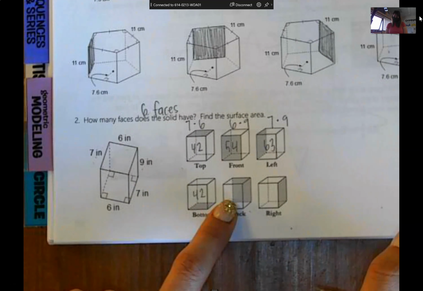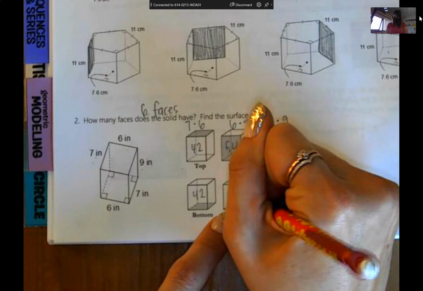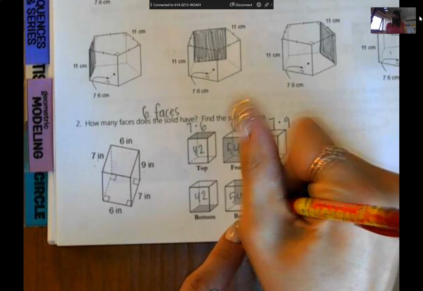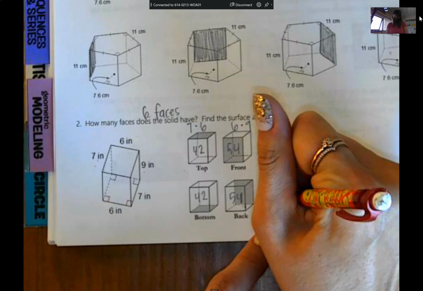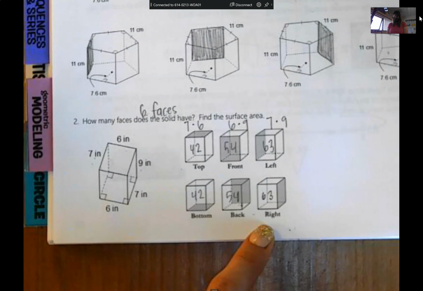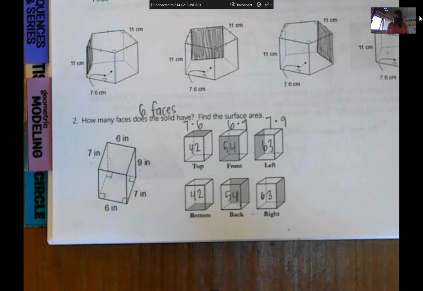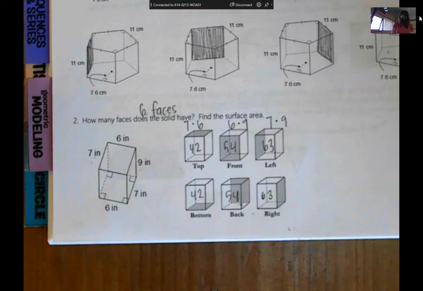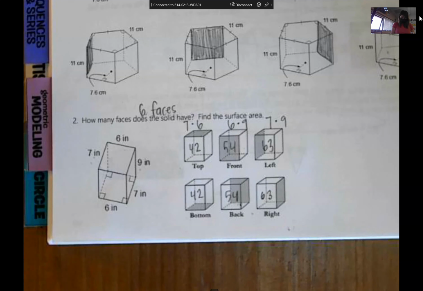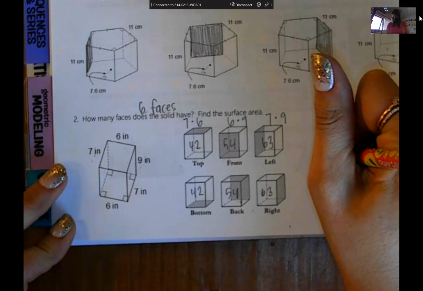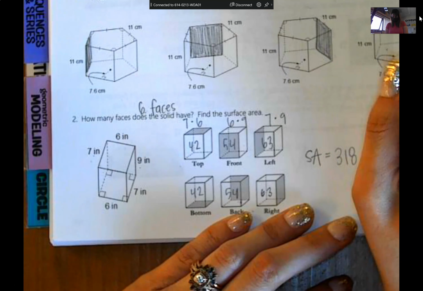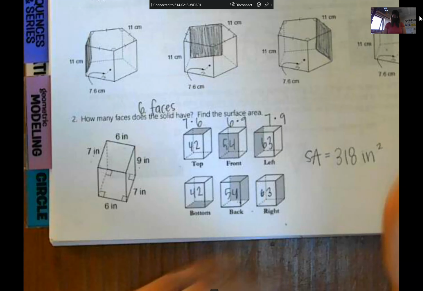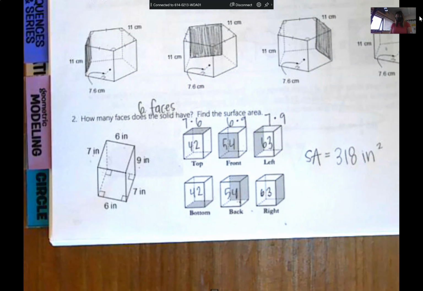The back will be the same as the front, so that will be 54. And the left-hand side will be the same as the right-hand side, so that'll be 63. So now we can just add all those together. I'm getting 318 this time. Okay.